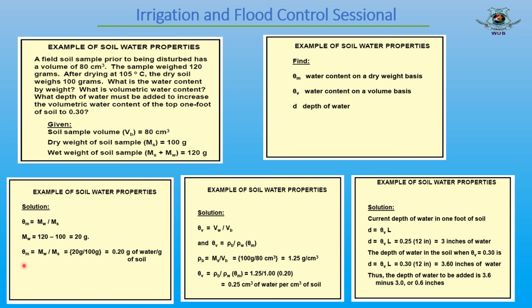Now θm is 20 gram of water divided by mass of dry soil, 100 grams. Finally θm is 0.2 gram of water per gram of soil, that means 0.2.